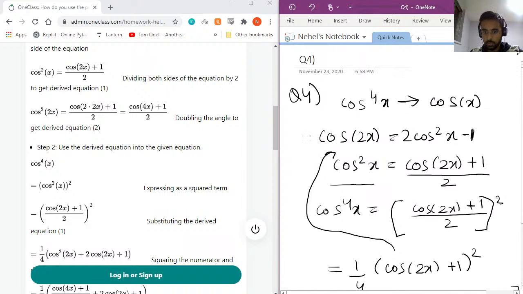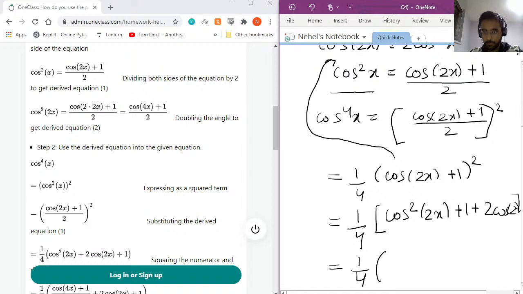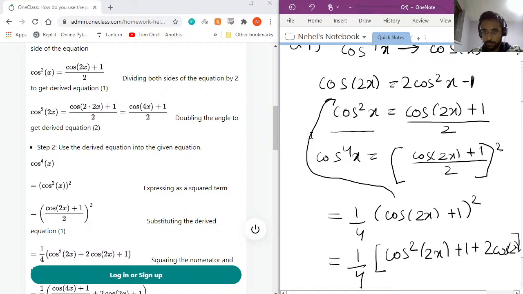Let me just revisit that quickly. Essentially what cos square x would be is if we replaced the x in this equation with 2x. So we would get 2 cos squared 2x minus 1 equal to cos of 4x basically.